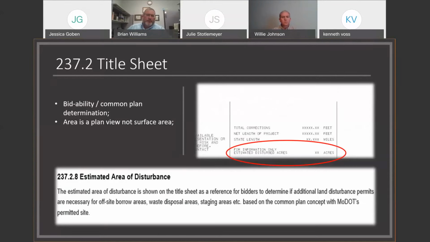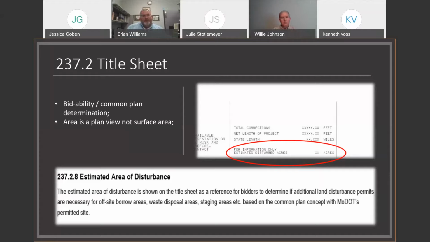Section 237.2, title sheet section. When we went with the new permit and that obligation of having a potential for common plan concepts, I wanted a way to be able to alert contractors of how large our projects were during the bidding process, so that we didn't have a scenario where a contractor didn't go get a permit and they tried to basically lay it back on us and say they had no idea how big the project was.